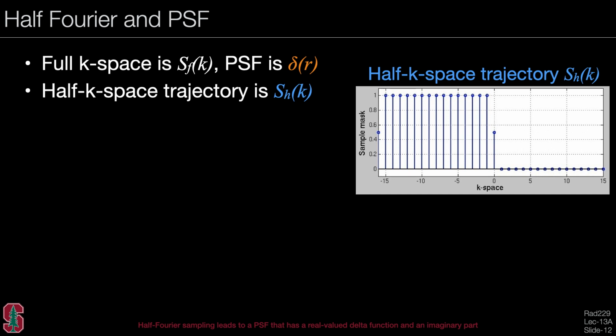The half K-space trajectory we will call capital S sub h of K, and in one dimension, this is what this might look like, where we've essentially sampled half of the points of K-space. We've only sampled the negative K here. As a subtlety, we've weighted the central point and the left outer point by 1/2. And this actually is important when you think about doing this discretely. However, when you do this continuously, it doesn't really matter.